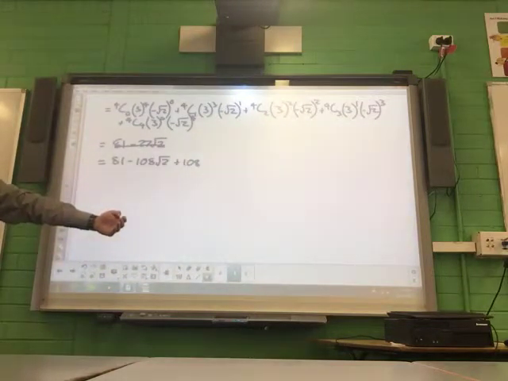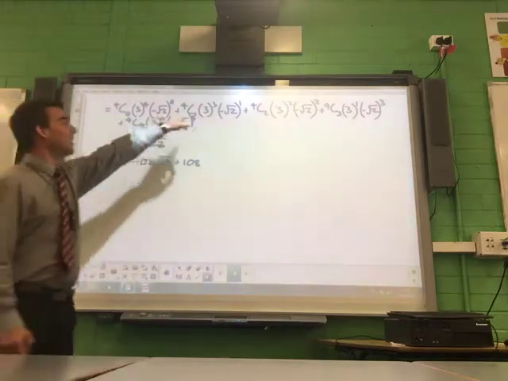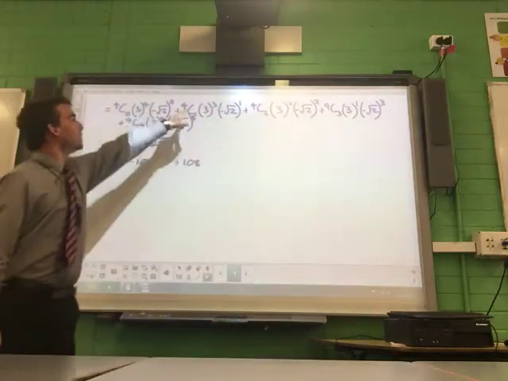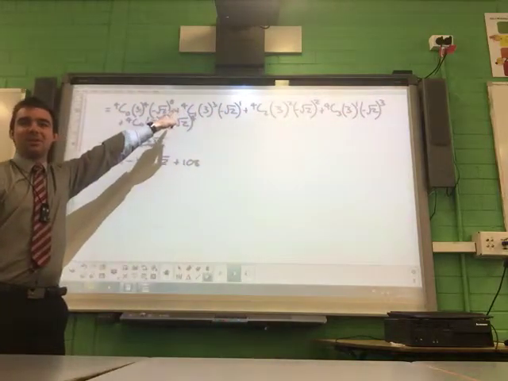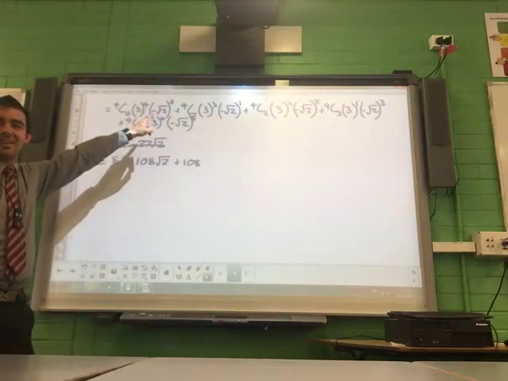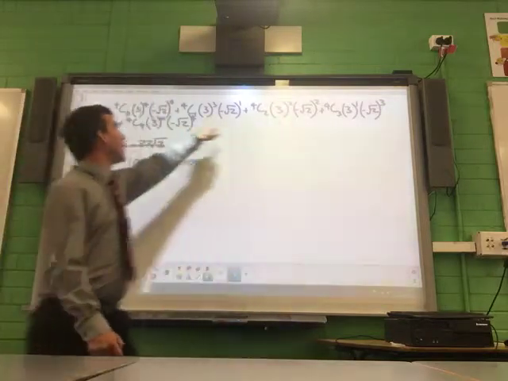So you have 5 terms. So now we've got symmetry. This coefficient, 4C3, must equal the coefficient 4C1, 4, on your symmetry of Pascal's triangle. So 4C3 is the same as 4C1.